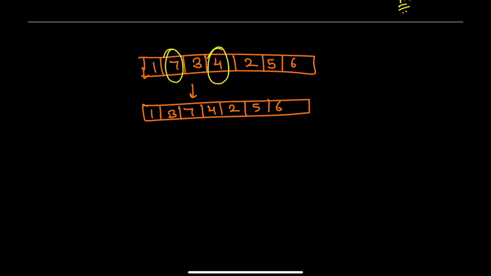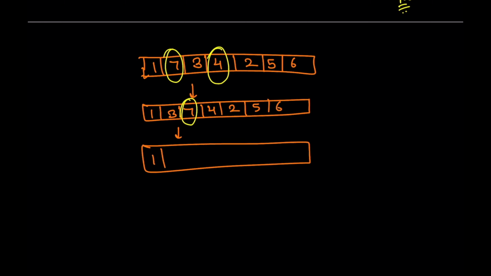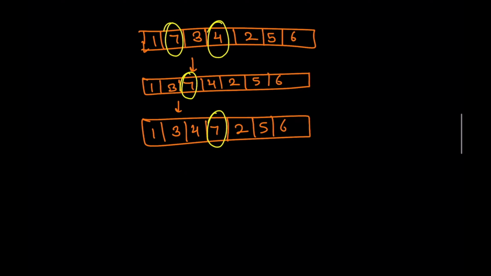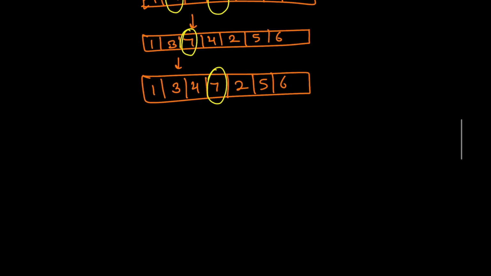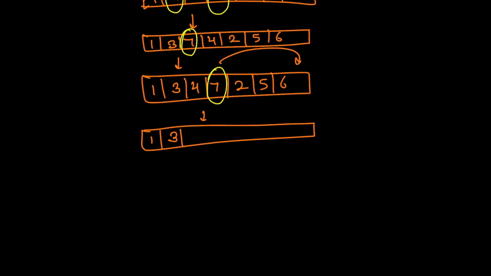Again we look at the positions. Only 7 is there, so 1, 3, 4, 7, 2, 5 and 6. Again only 7 is there, so we do it again. By doing this we can shift the 7 to the last position: 4, 2, 5, 6 and 7. Once the 7 is shifted we get this array.